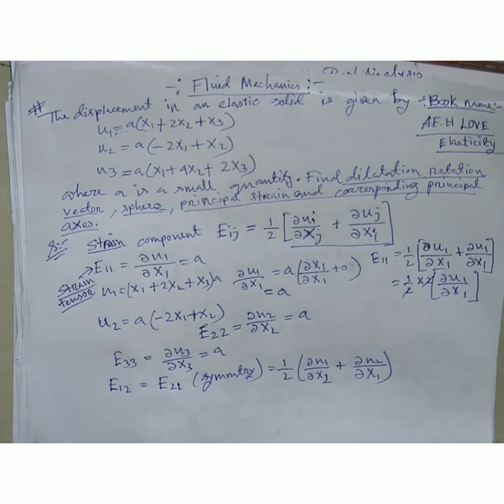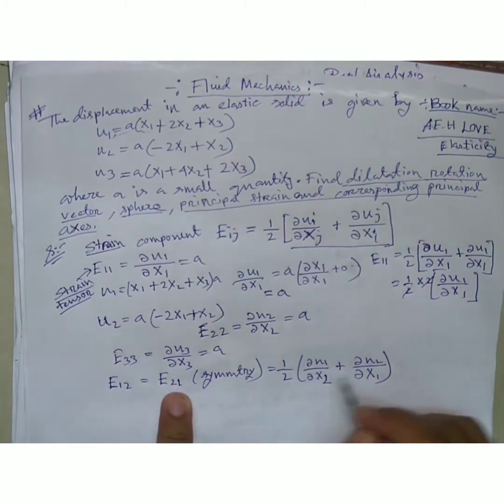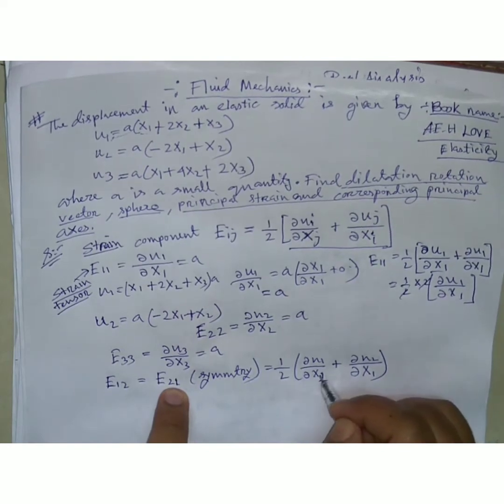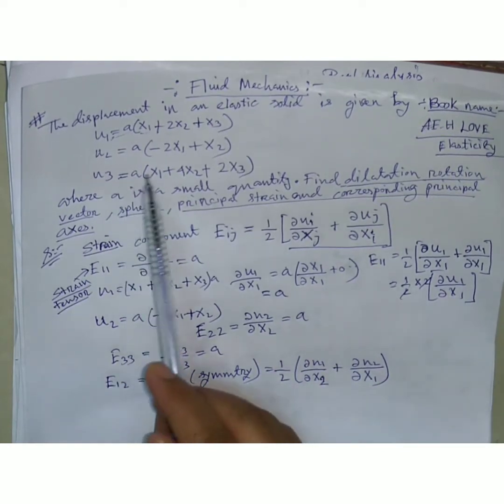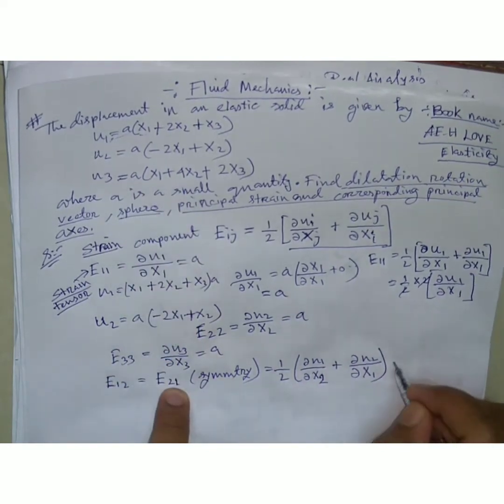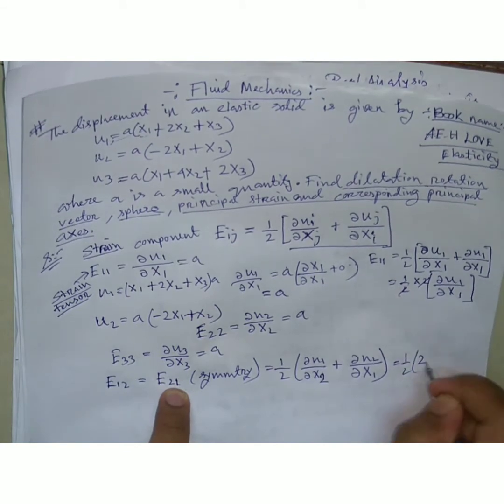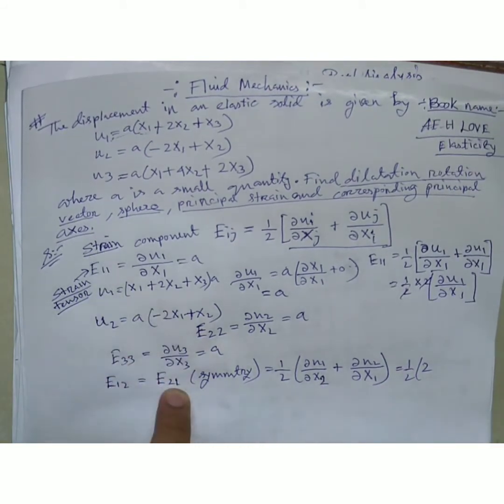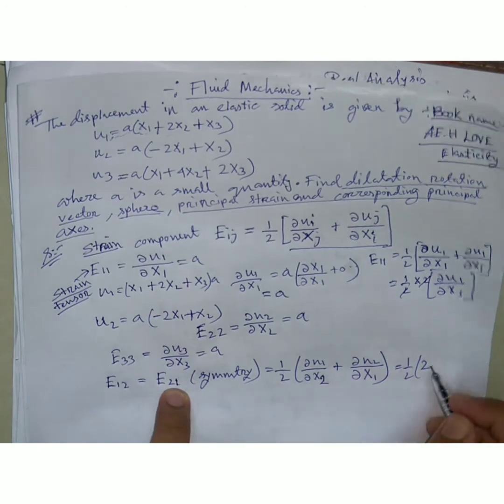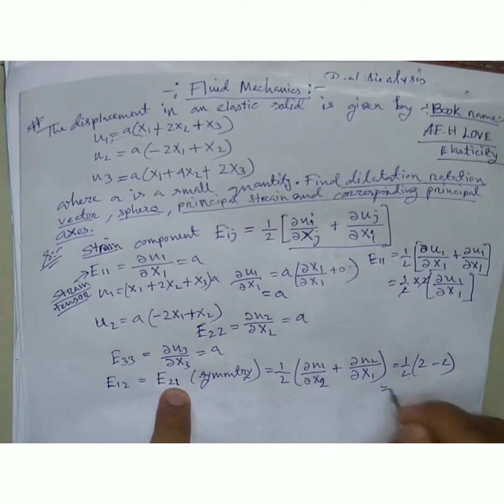This is the formula. Del u1 divided by del x2 is 2a and del u2 divided by del x1 is minus 2a. So I get 0.